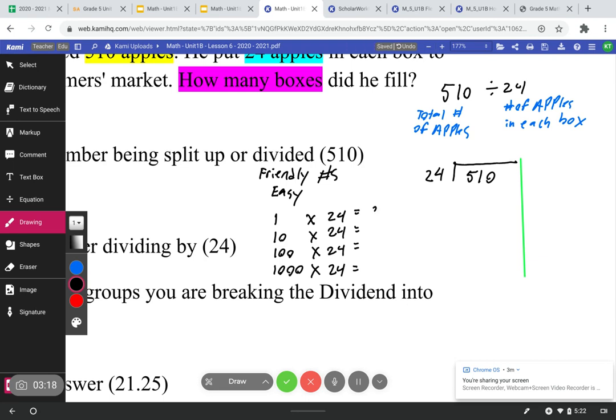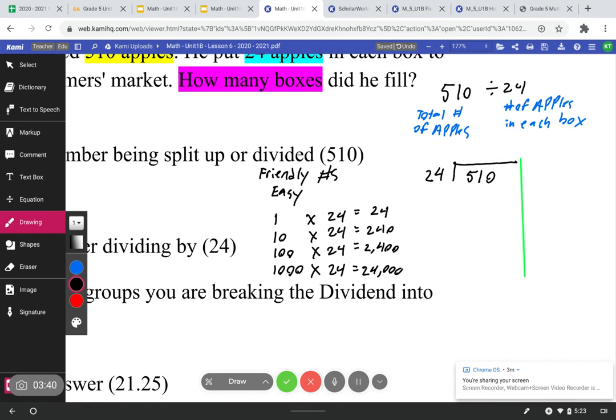So 1 times 24 is 24. 10 times 24 is 240. 100 times 24 is 2,400. And then 1,000 times 24 is 24,000. So which of these friendly numbers is the closest to 510?